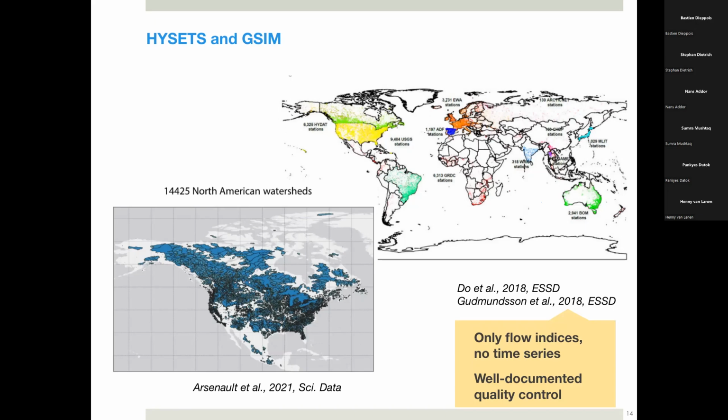The coverage is huge, many gauges are involved, but it's very important to keep in mind that they only distribute flow indices and no time series, unlike the other datasets I've mentioned so far. They've done an amazing job quality controlling the data, and if you're interested in how it can be done, do check their paper.